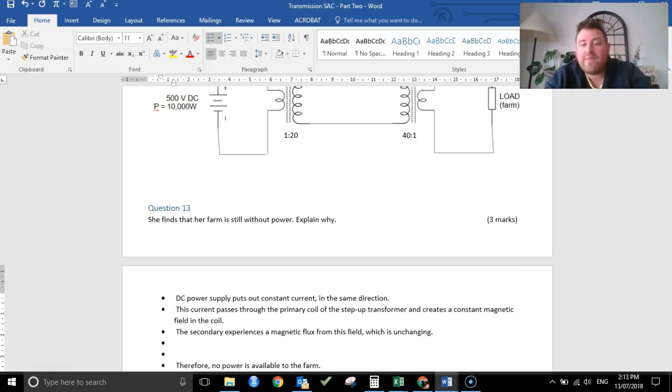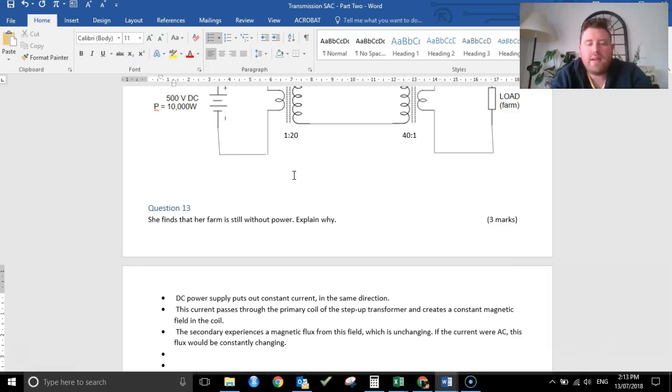So we have a non-changing magnetic flux. And this is where you want to make the contrast to AC. You know, it worked before, it doesn't work now. What's going on? You want to say, if the current were AC, this flux would be constantly changing.